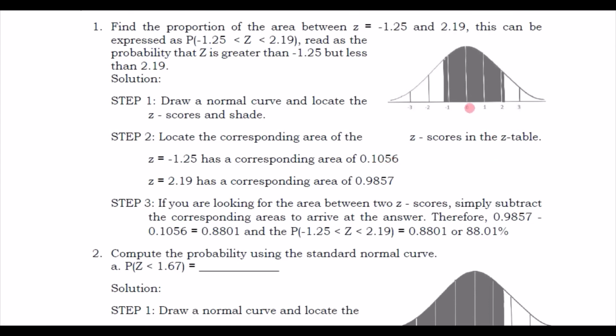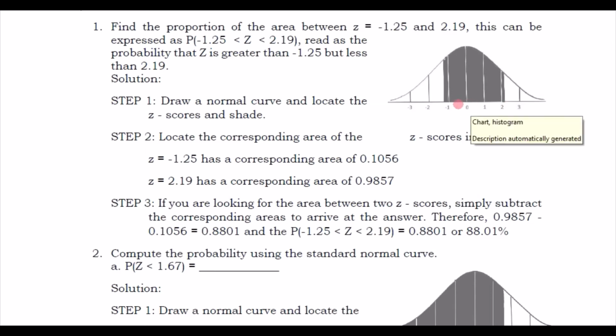Alam natin na both area ay nagsimula dito sa 0. So, all you have to do is to add. Kasi nagsimula yan pareho dito sa 0. From 0 hanggang papunta dito sa positive infinity or positive 2.19. Okay? So, ang area daw niya, mula dito sa 0 hanggang dito sa 2.19, that is 98.57.